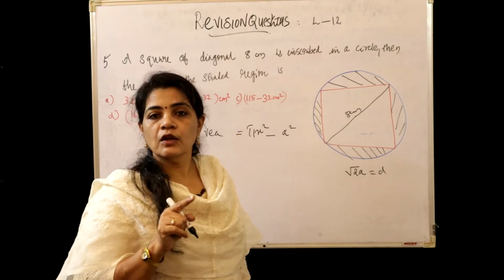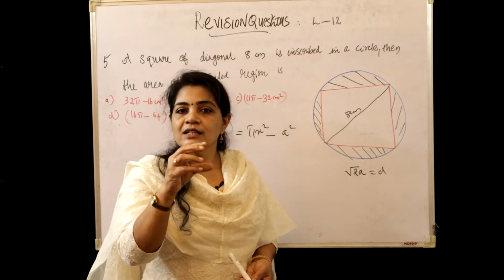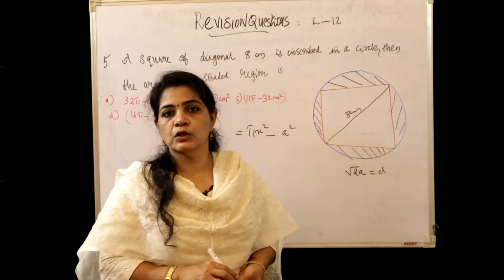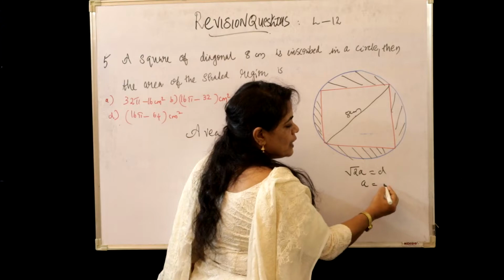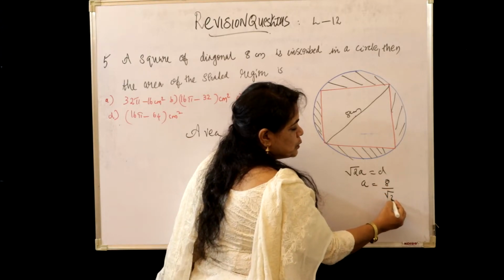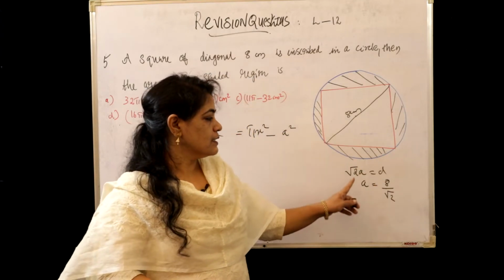It's very important. In order to get the side of the square, if the diagonal is given, you will get it from root 2 a. Equate that given diagonal to root 2 into a. That means here a, which represents the side, is equal to d, that is the diagonal 8, divided by root 2. This root 2 comes to the denominator. a is not inside the square root.